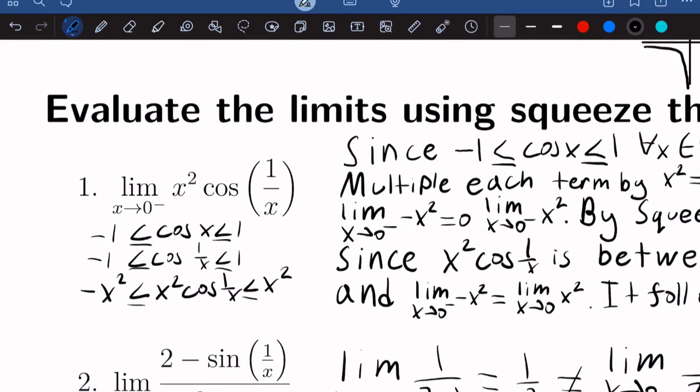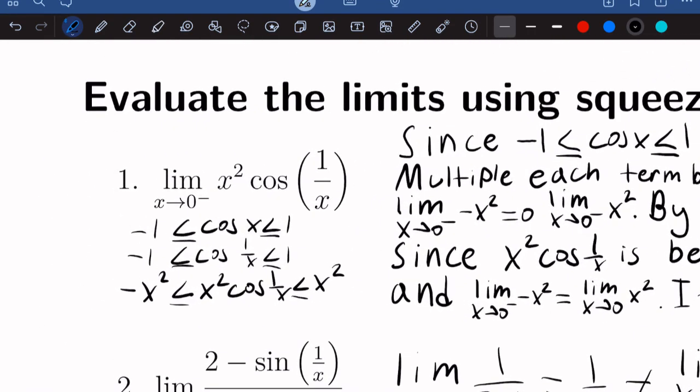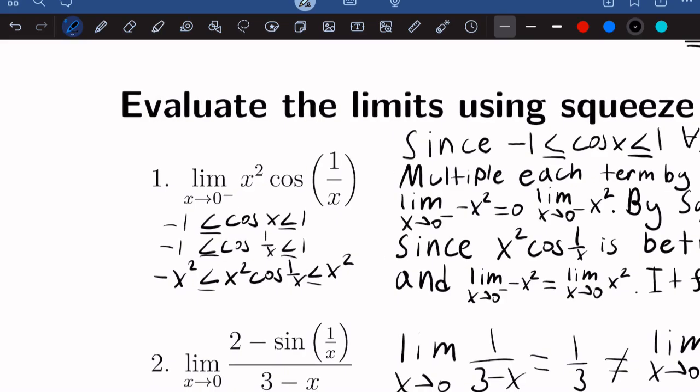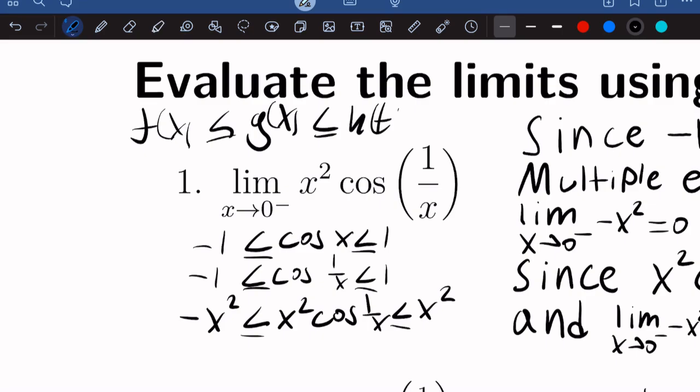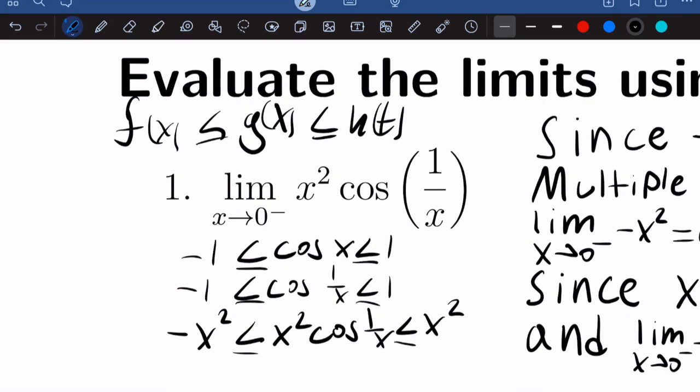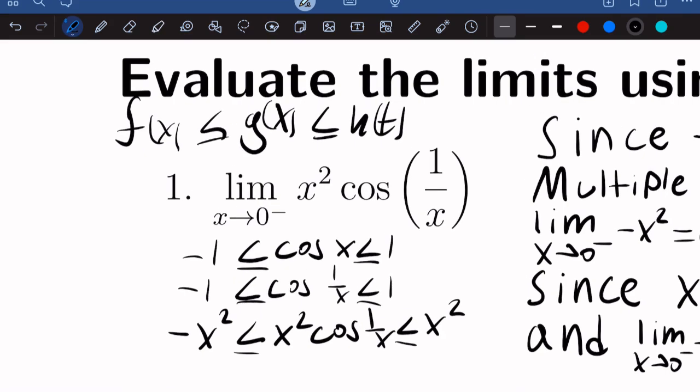Okay, now if you remember our conditions for the squeeze theorem, first we need our inequality, f less than or equal to g less than or equal to h. You need this inequality to be true, where g of x is equal to whatever your limit is.